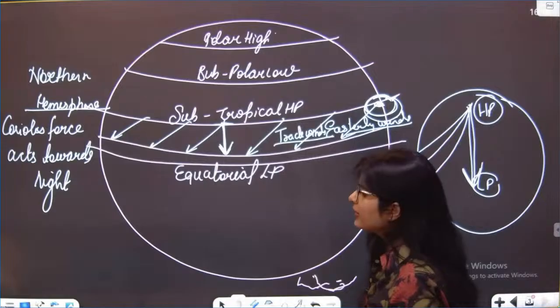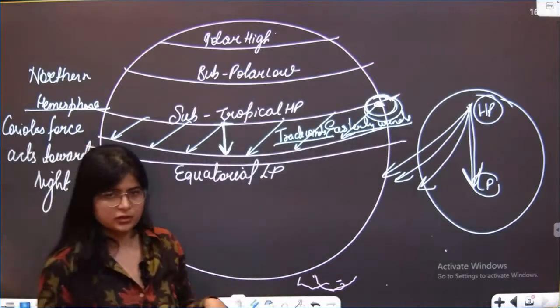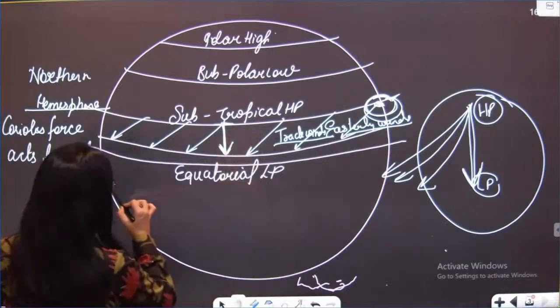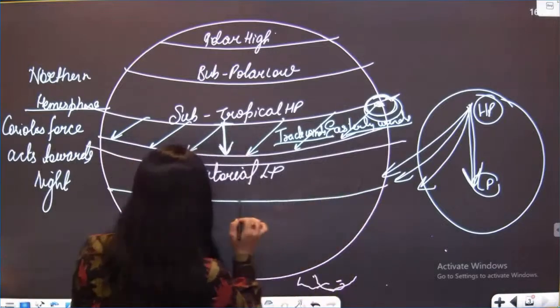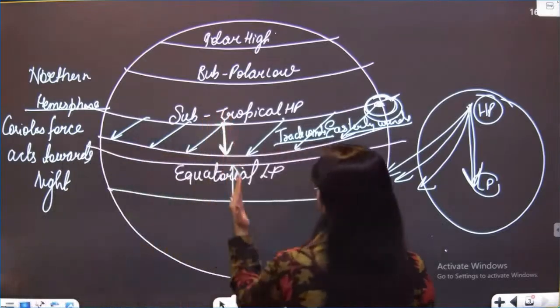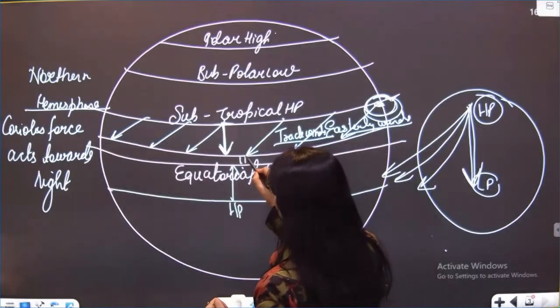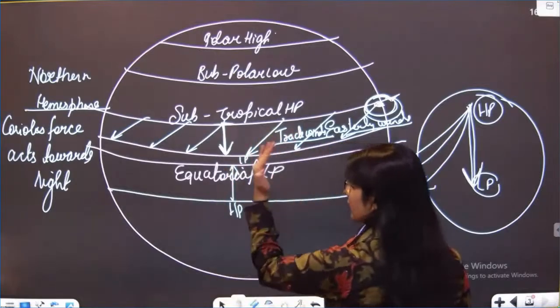Similar phenomena is also applied in the southern hemisphere. No changes, same, but this time only one change is there. I have to stand in this direction. Where is my arrow going? Because this is a high pressure, this is the low pressure in southern hemisphere. This is how you have to place your hand.